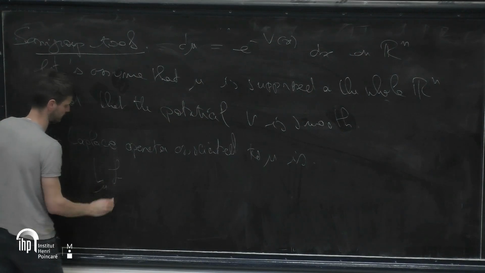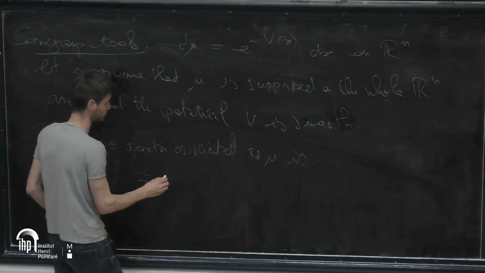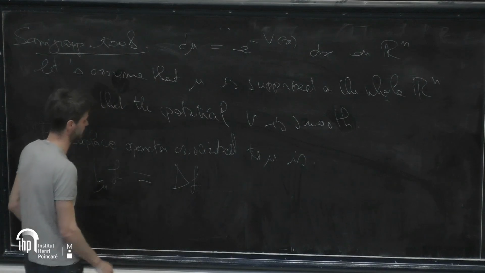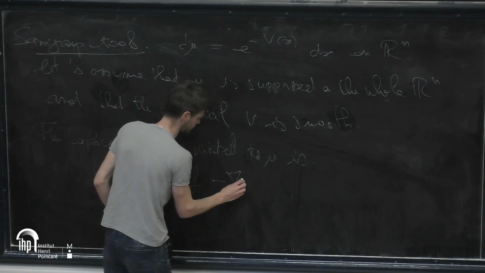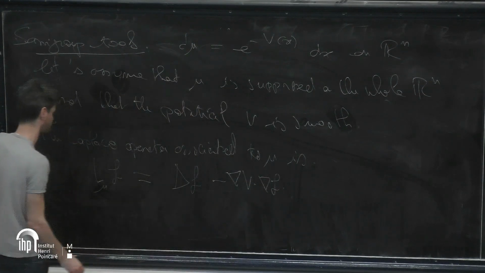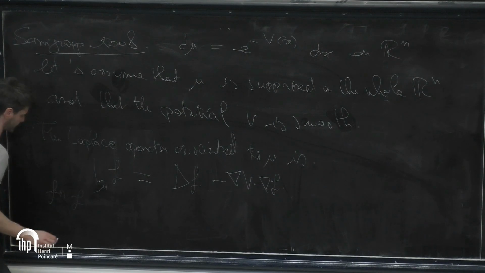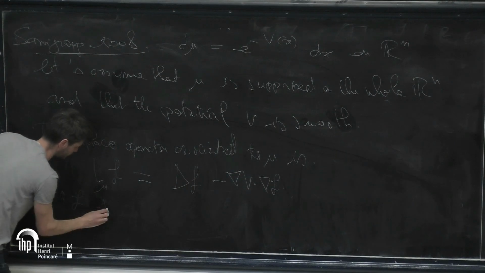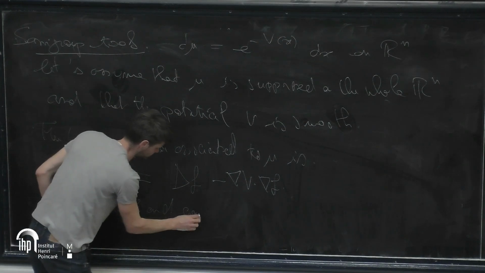If it's applied to some smooth function f, you take the usual Laplacian, and then there's a correction due to the potential, which is grad V dot grad f, for f smooth and compactly supported.